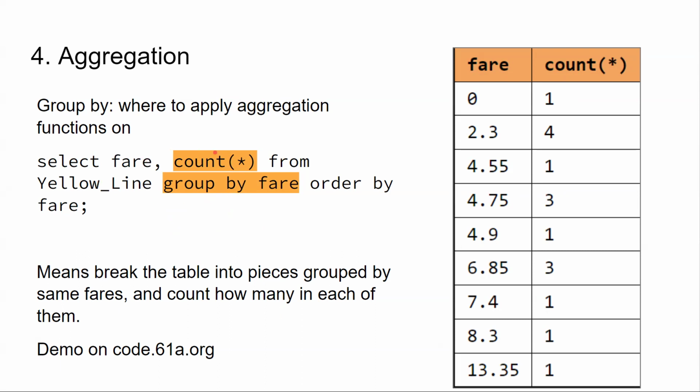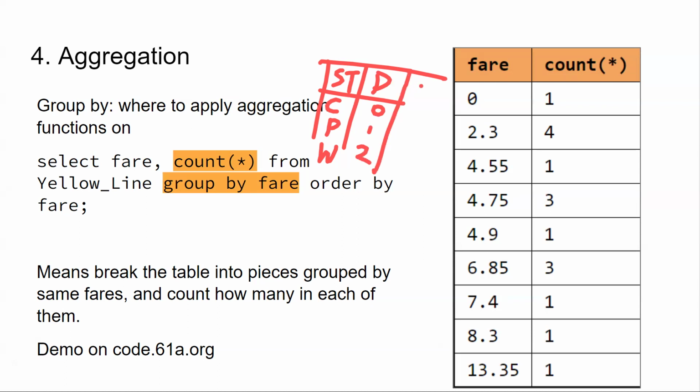So when you select fare and count star from yellow line, group by fare, order by fare, we have to draw a table. We have the station name, say Concord, Pleasant Hill, Walnut Creek, and then you have distance, say 0, 1, 2, and you're having the fare. So suppose this is 2 and 3.